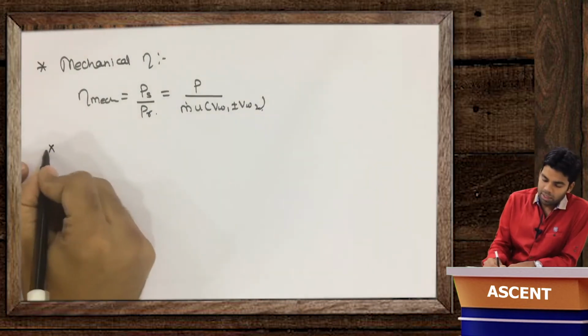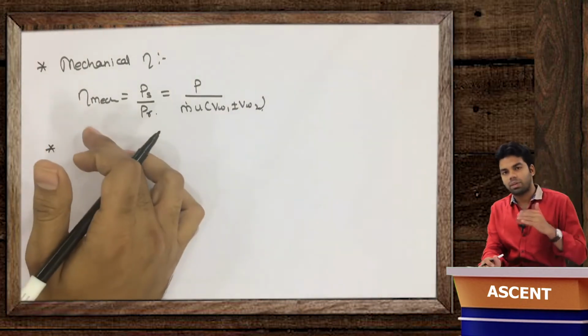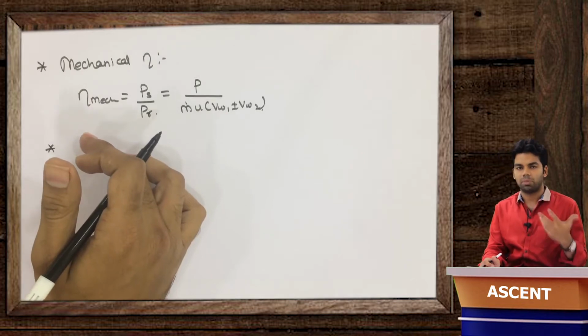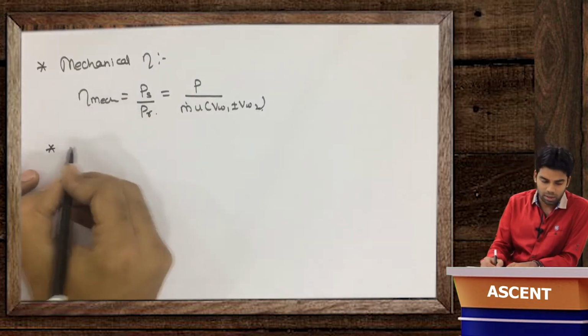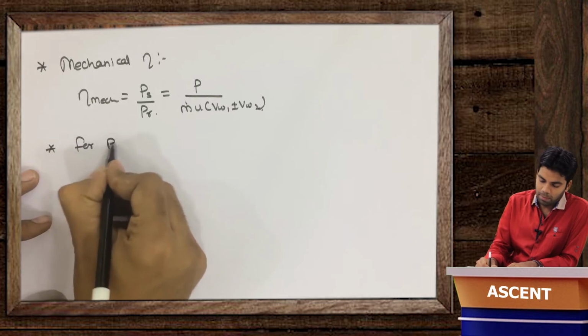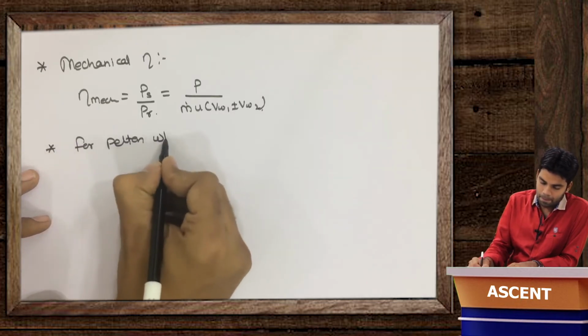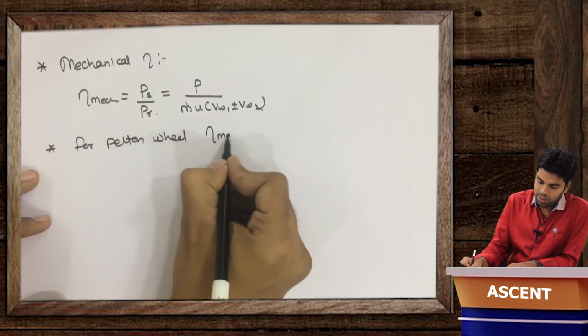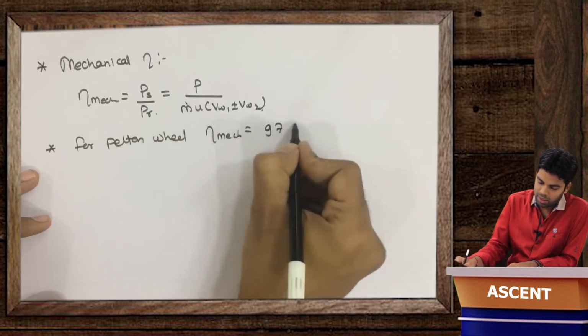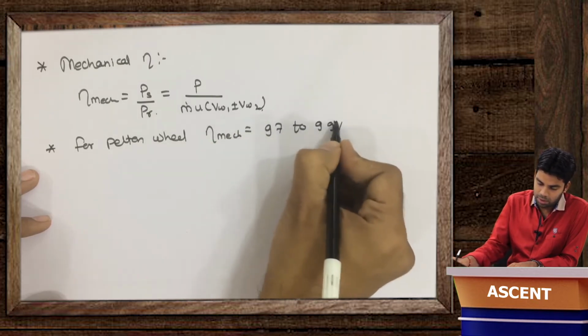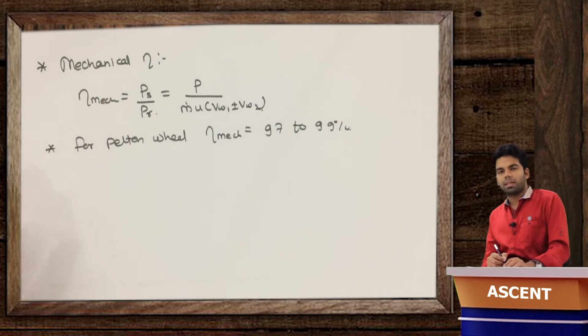And for Pelton wheel turbine, this mechanical efficiency is actually very high. This is the reason why Pelton wheel turbine is preferred over other turbines. So for Pelton wheel, this mechanical efficiency is approximately 97 to 99%.